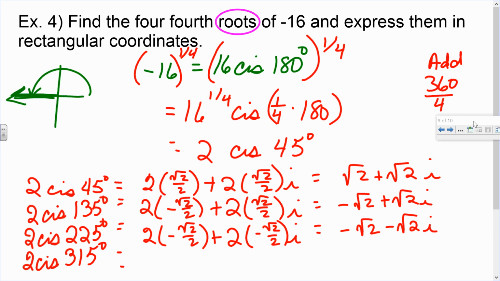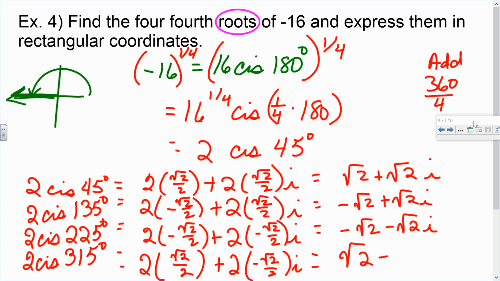And finally, fourth quadrant. Natalie, tell me about sine and cosine. So the cosine is positive root 2 over 2, sine is negative. So we end up with root 2 minus root 2i.